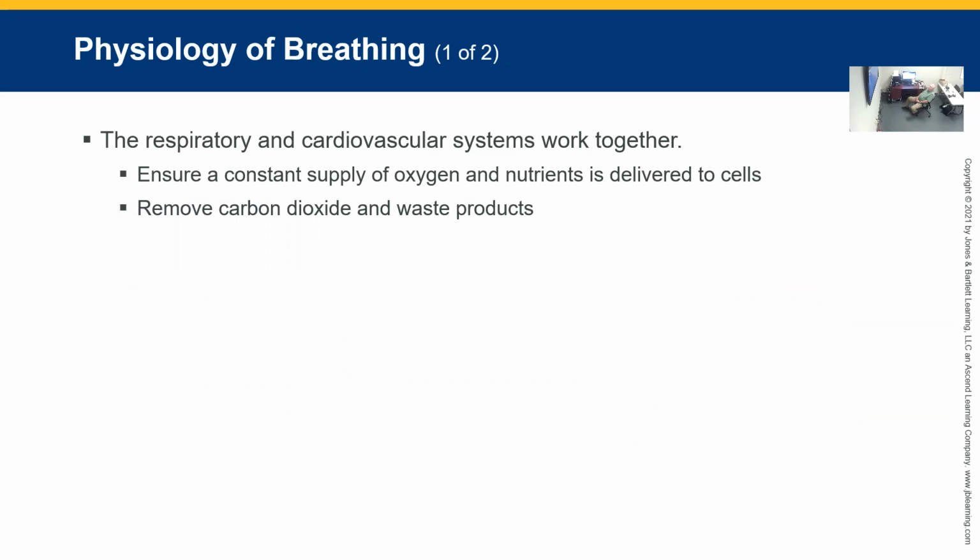We'll talk about the hemoglobin in just a minute. You actually have to have enough blood, and your blood has to have the ability to carry the oxygen and remove the carbon dioxide. The respiratory and cardiovascular systems, absolutely, you've got to have those, but you also have to have blood. So they all have to work together.